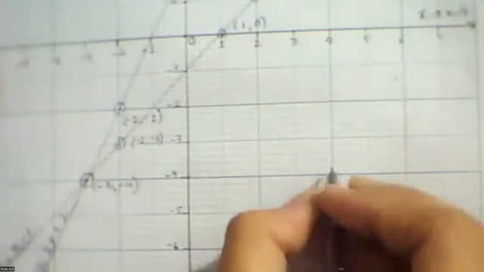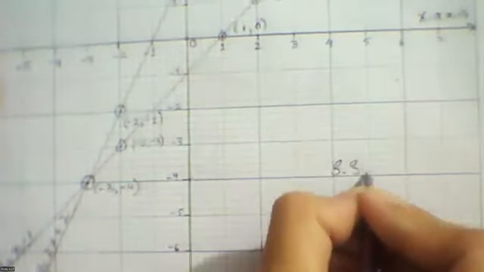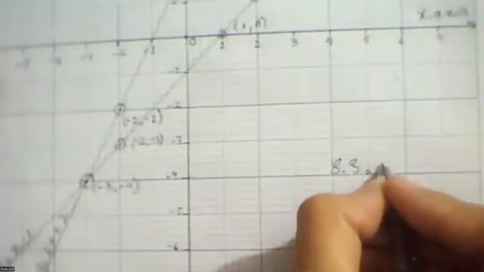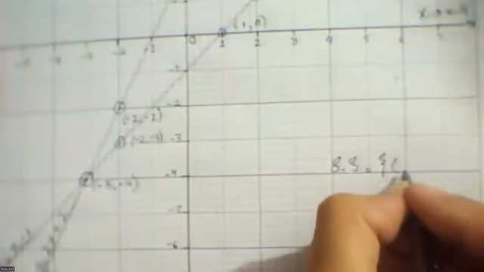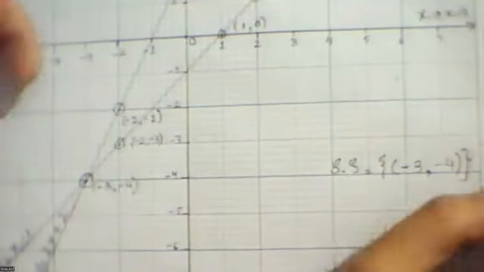So here on our graph, right? Here on our graph, we can write down the solution set is equals to -3, -4. Is it clear, student?